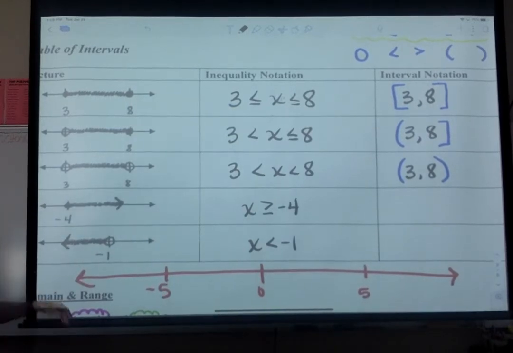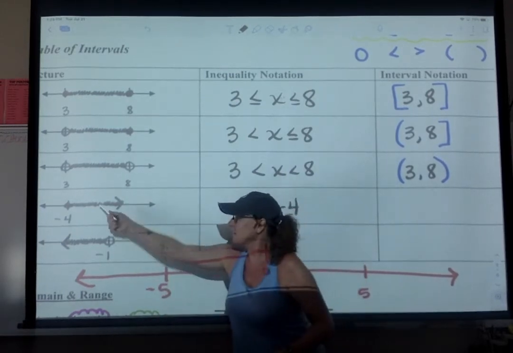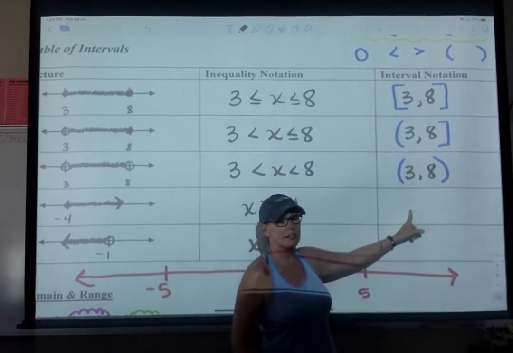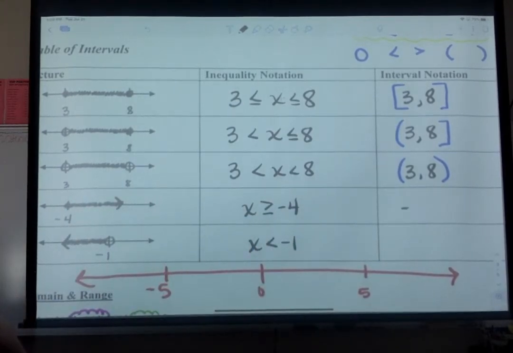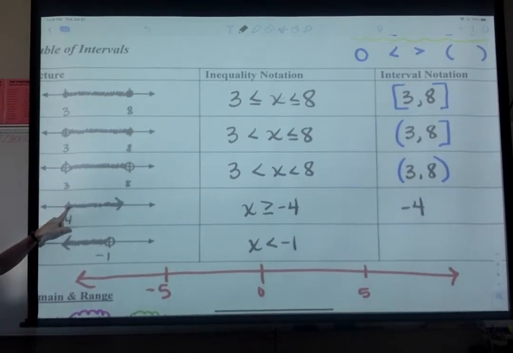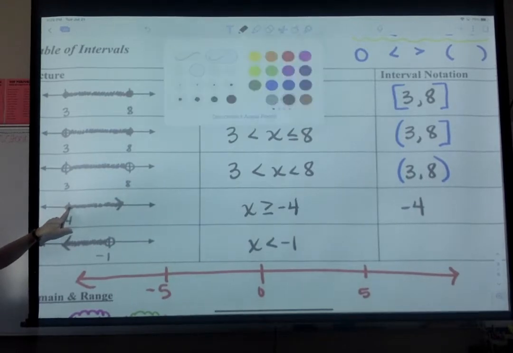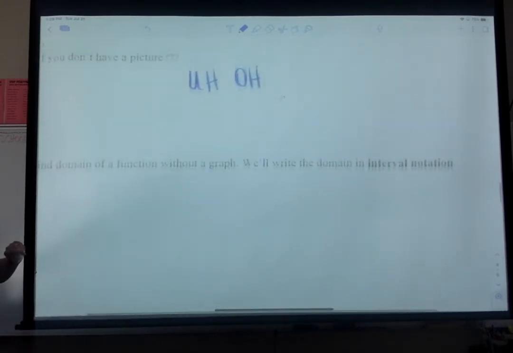So, where does the shading on this graph start? Well, the number it starts at is 4. Sorry, -4. That's where it starts. Do we include the -4? Yes, we do. So I'm going to go ahead and put a bracket around there.